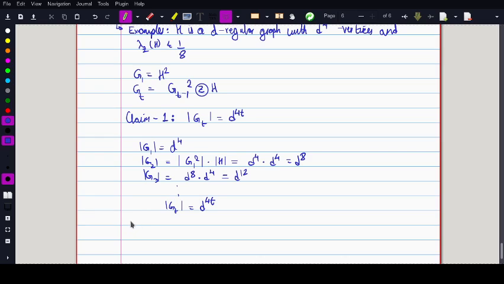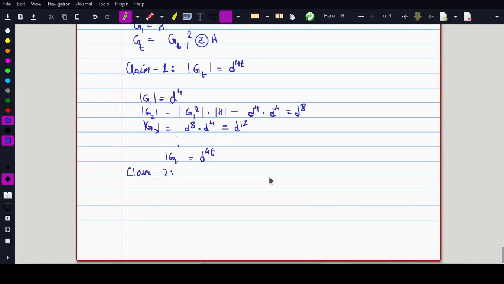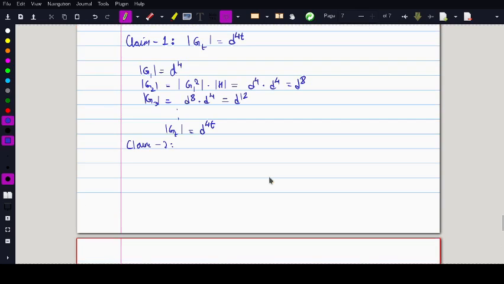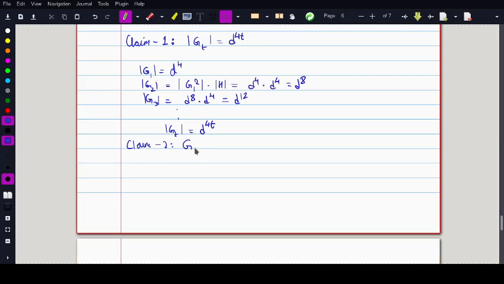So that's good. So this means that the size of the family of graphs increases exponentially as we keep increasing t.